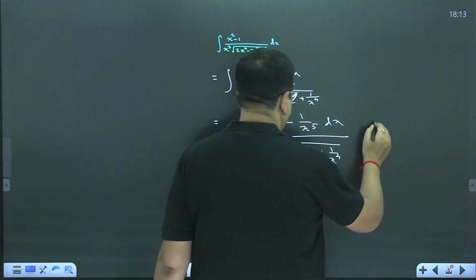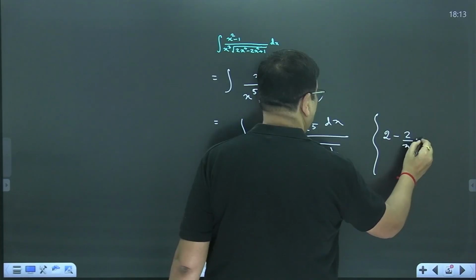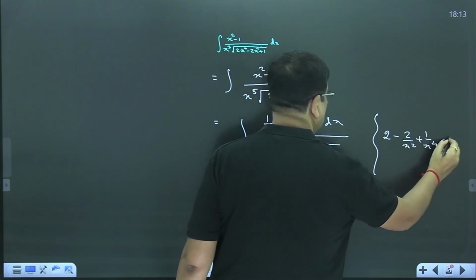So what we'll do is take 2 minus 2 by x square plus 1 by x to the power 4 as t.